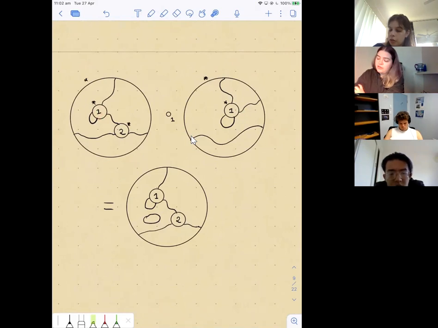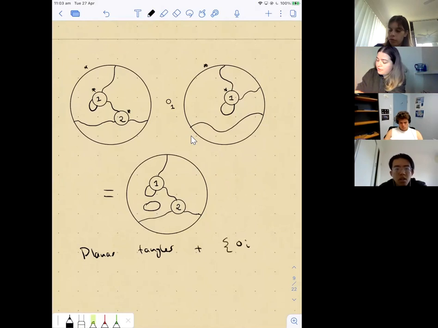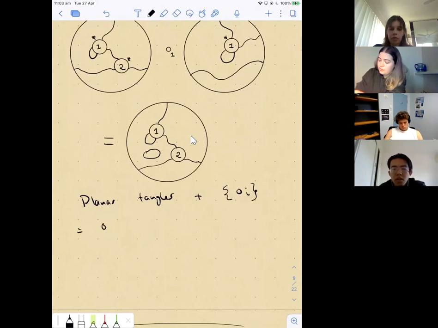You can see that the 2 strands to the right of the base point connect here and here, and then this lonely strand on the bottom here gets connected to this loop and creates a circle. So adding all of that together, we get this tangle down here on the bottom. And the collection of all planar tangles plus this family of circ I operators gives the operad of planar tangles.